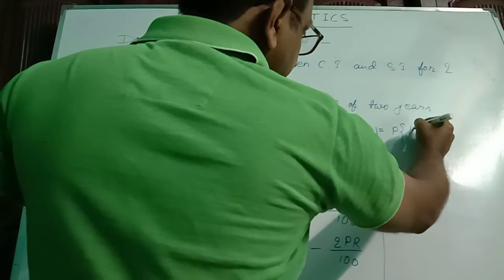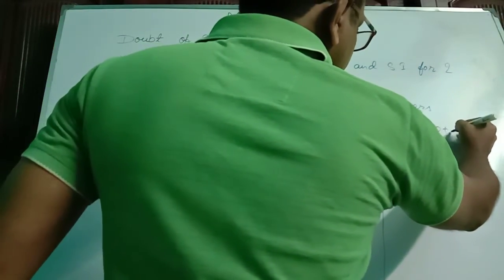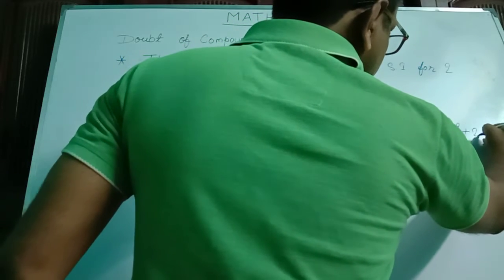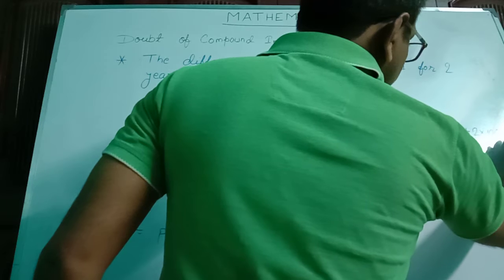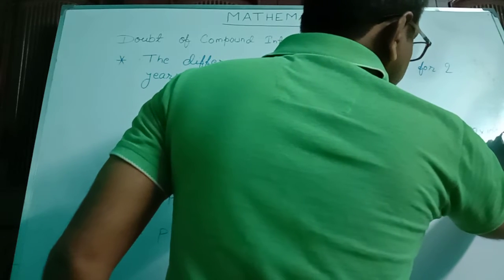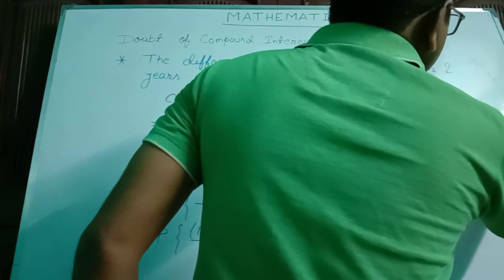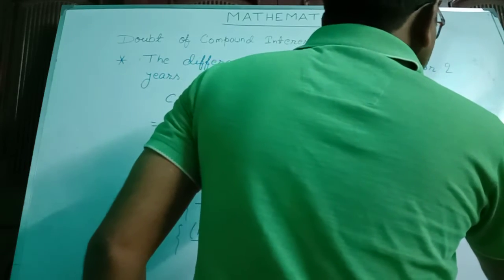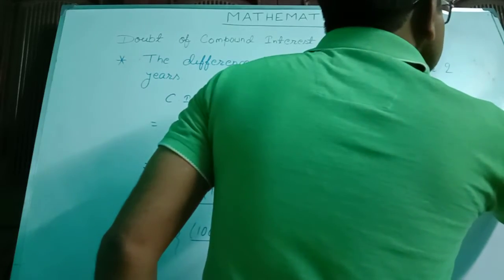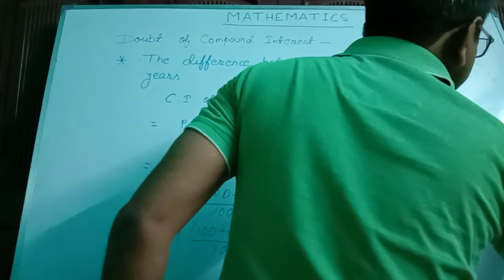We break it: A square means 100 into 100, this became 10,000, plus B square, R square, plus 2AB, 2 into 100 into R, and here is minus 10,000 by 10,000, bracket closed, and this part 2PR by 100.